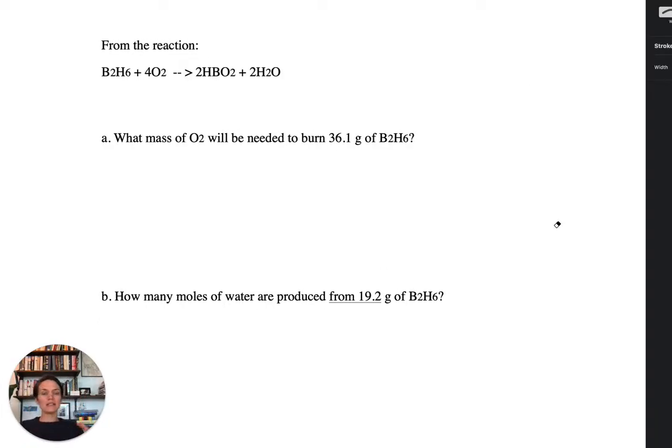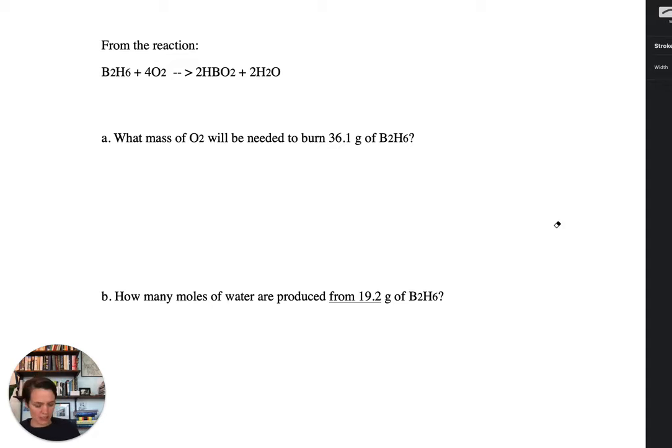Okay, so here the balanced chemical reaction is already given to you. You have B2H6 and oxygen combining to form HBO2 and water.